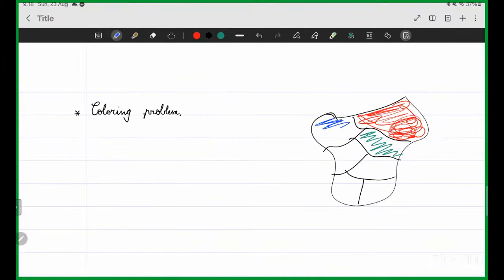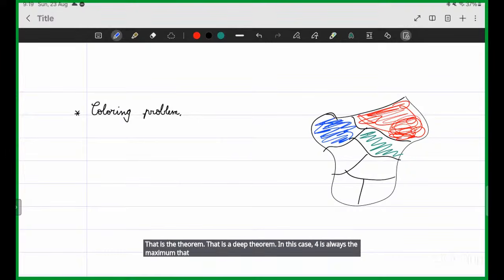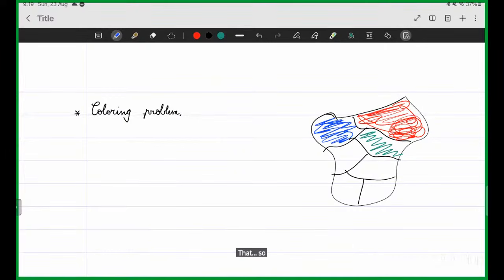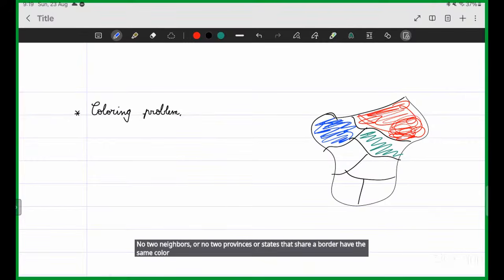Something else over here. You just need 4 colors, right? That is the 4-color theorem, a deep theorem. In this case, 4 is always the maximum that you will require. So the objective is to have no two neighbors, or no two provinces or states that share a border, have the same color, to reduce visual clutter.